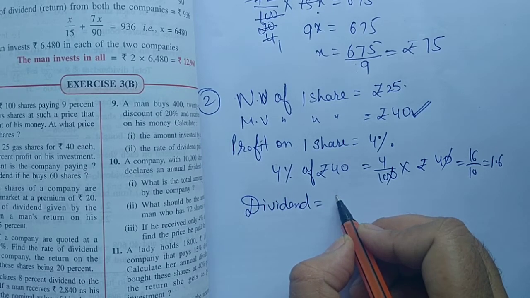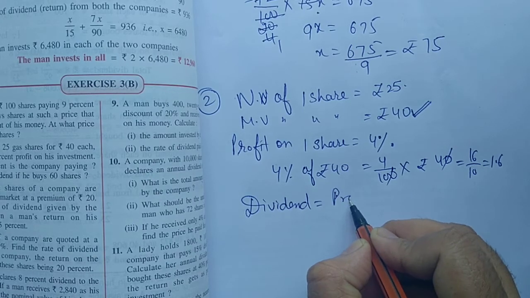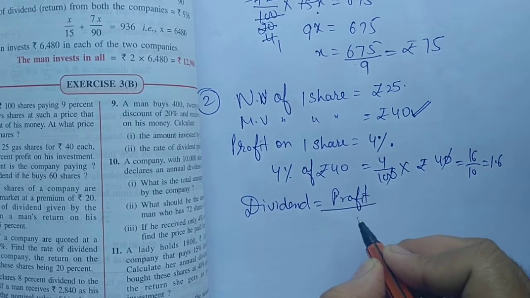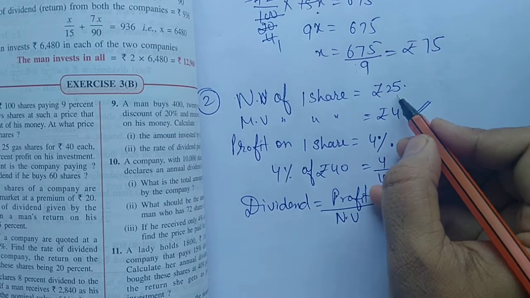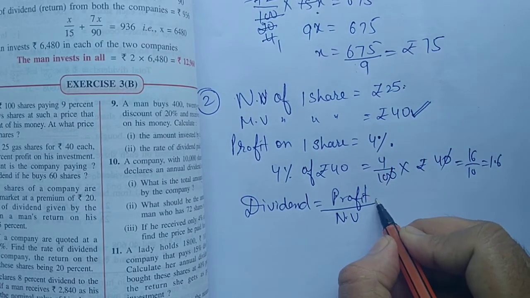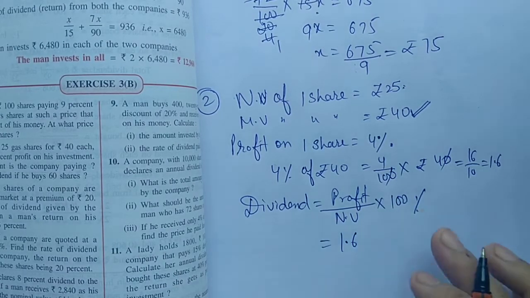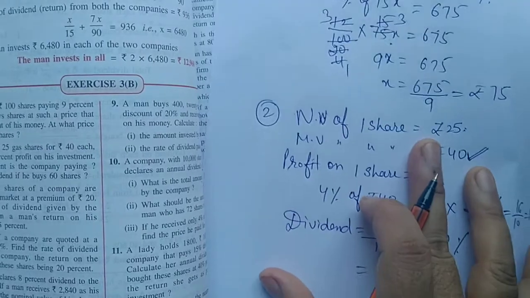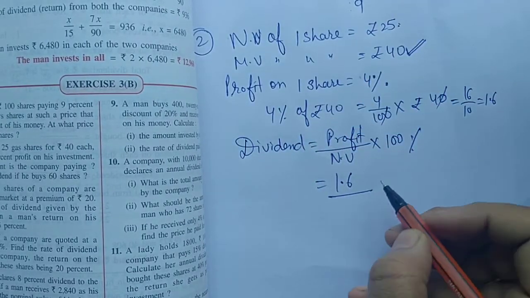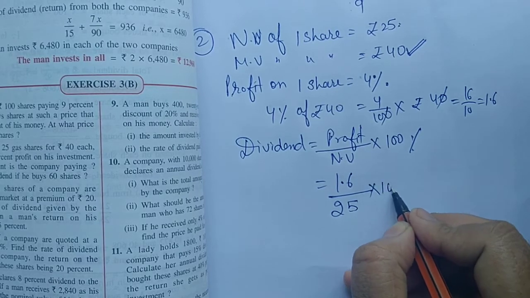then profit upon, its formula was profit divided by nominal value, because actually its price was 25 rupees, multiply by 100. So profit is 1.6, then upon nominal value is 25, multiply by 100.